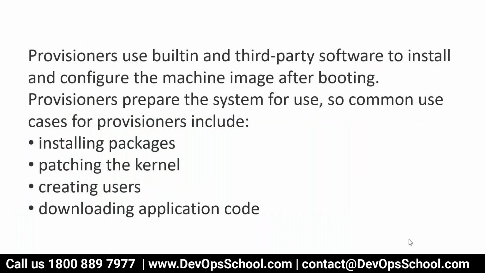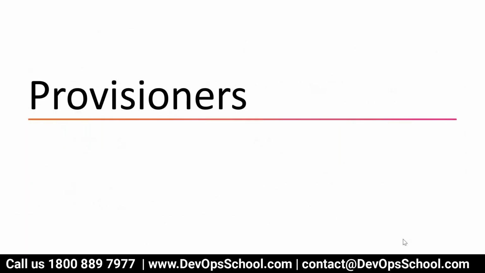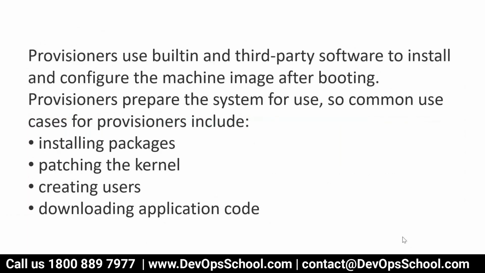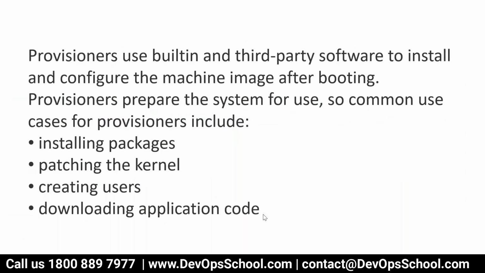Provisioners are nothing but this one. Provisioners use built-in and third-party software to install and configure the machine image after booting. So with the build option, you will get an image and then the provisioner configures it. Provisioners prepare the system for use.